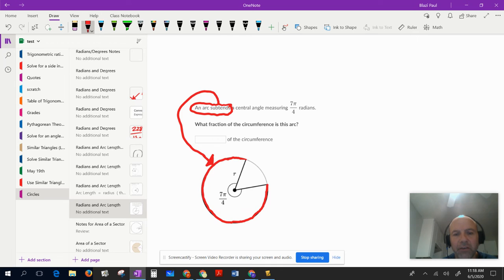What fraction of the circumference is this arc? Well, guess what? It's a lot of it. How about that? Isn't it almost the whole circle? So it's saying what fraction of the circumference is this arc? Take a guess right now. Is this arc 1/2 of the circumference?